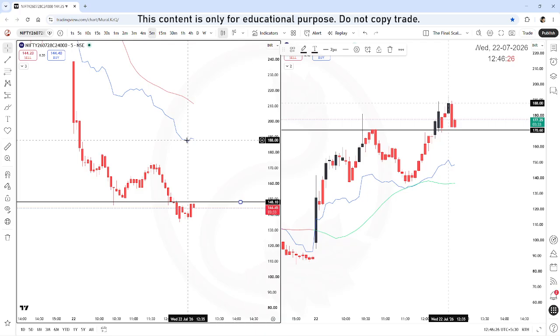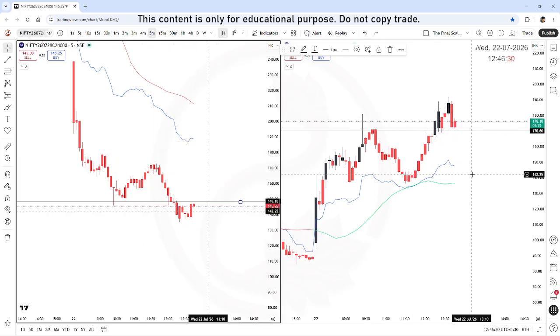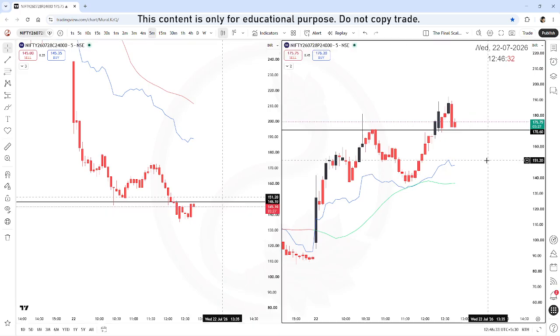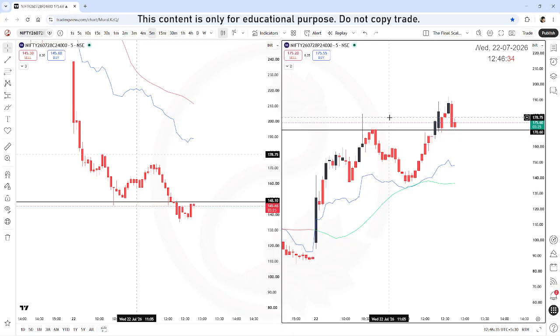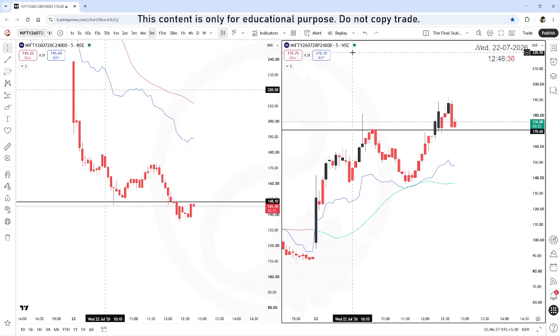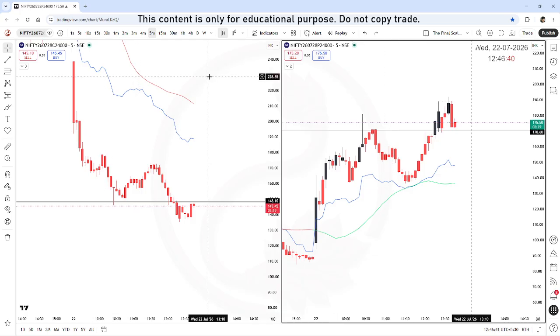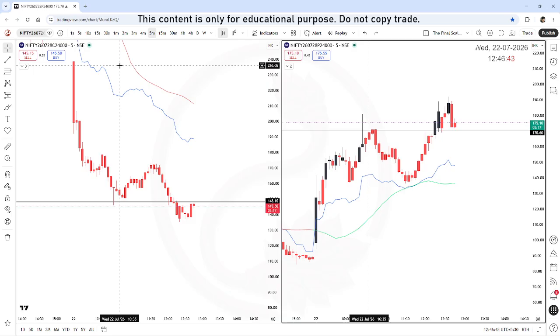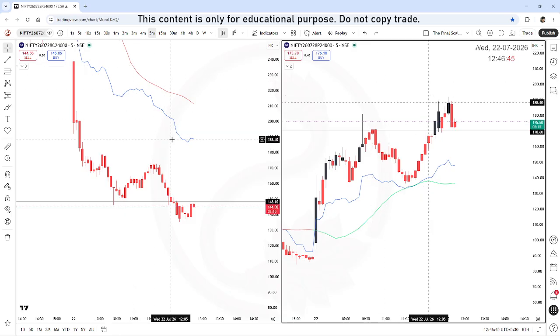So here, what is my analysis? My analysis is that Nifty will most likely close above 24,000, and that's the reason I have sold the 24,000 put option, and I am also buying the 24,000 call option of next week's expiry.